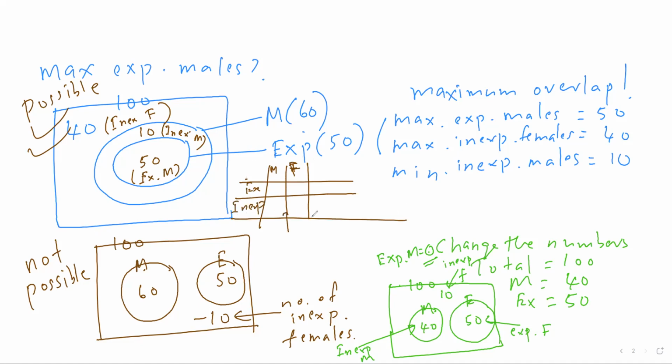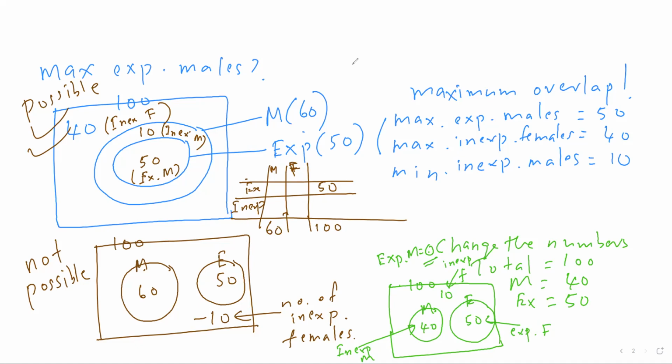The idea is that the total is 100. The total number of experienced people, we know that is 50. And the one that was given earlier is that the number of males is 60. These were the information given to us in the first place.